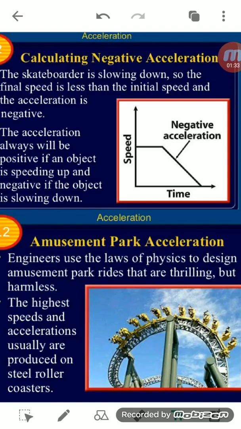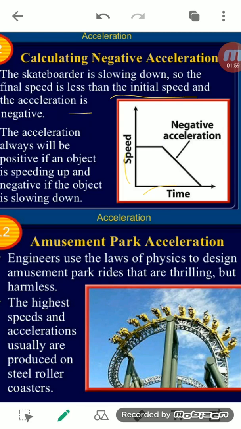Just to calculate the negative acceleration, we had discussed the skateboarder as it slows down. When we make a graph of negative acceleration, we use the speed and the time. When we make a graph of speed and time, the final speed is less than the initial speed, and thus the acceleration is negative.